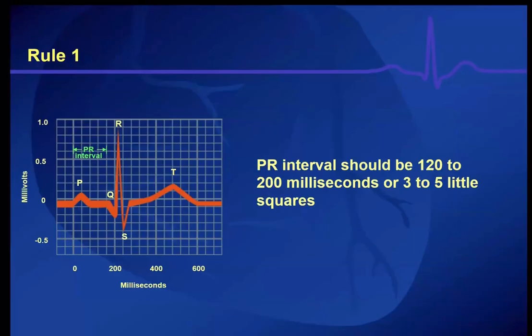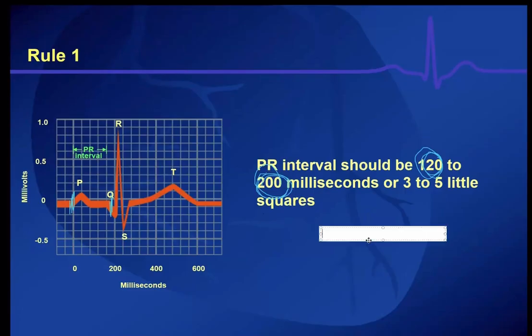You calculate the PR interval from the beginning of the P wave until the start of the Q wave. So here I will calculate the PR interval. It should be 120 milliseconds minimum, and maximum 200 milliseconds.